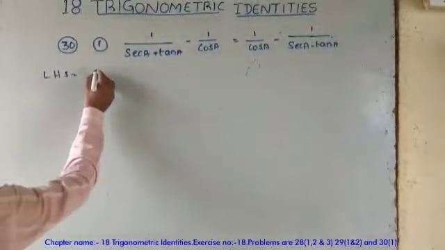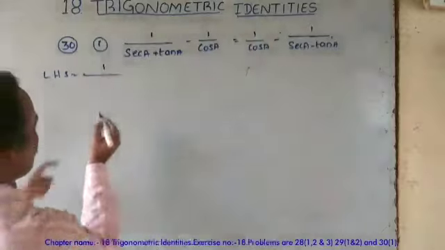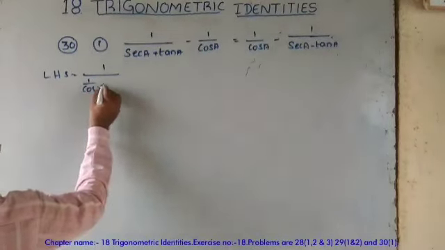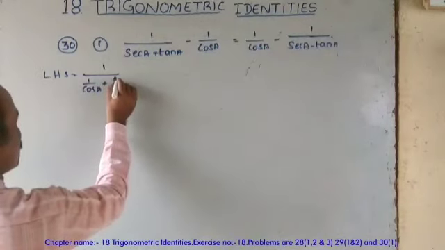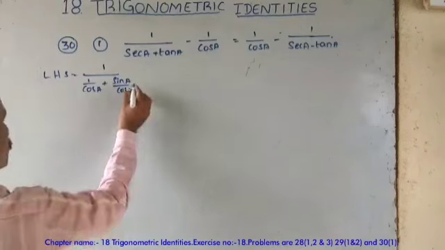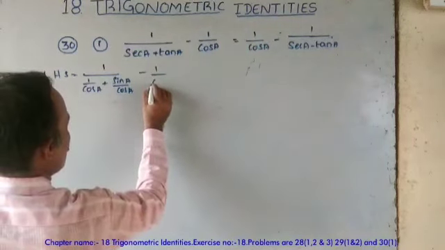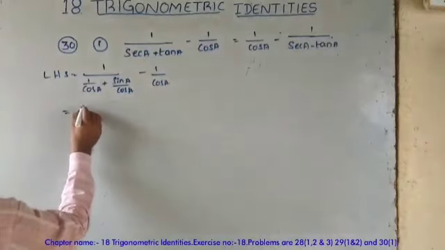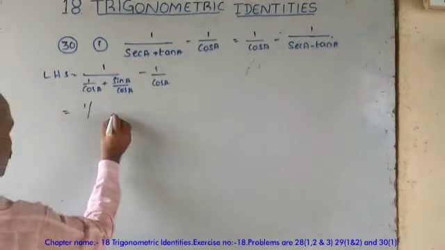So LHS: 1 divided by, directly we start, secant A can be written as 1 by cos A, plus tan A can be written as sin A by cos A, minus 1 divided by cos A as it is. So this is equal to 1 divided by, take LCM.